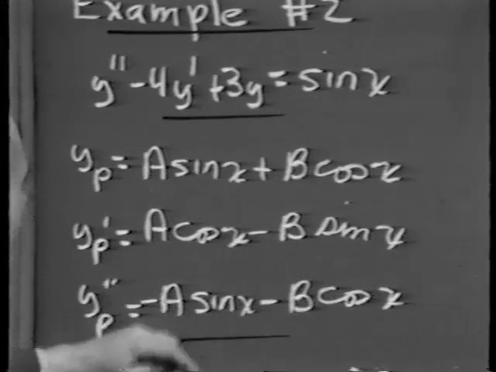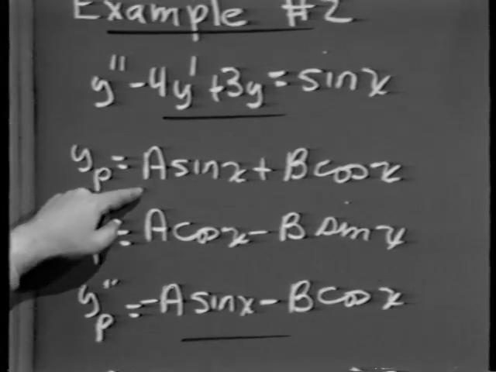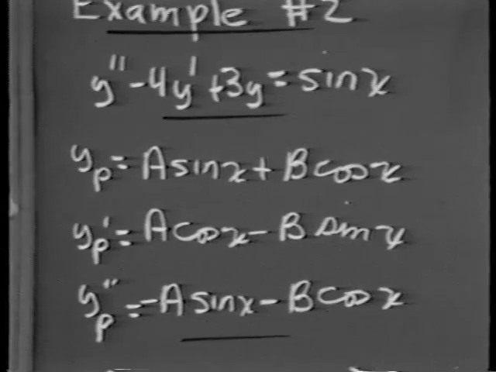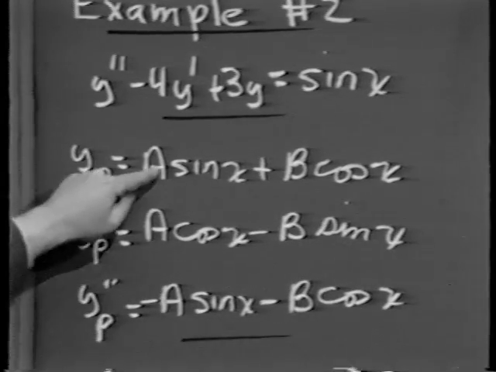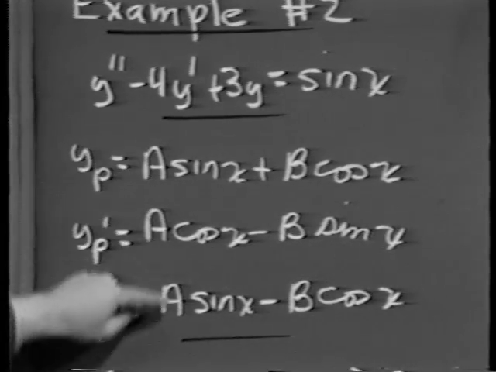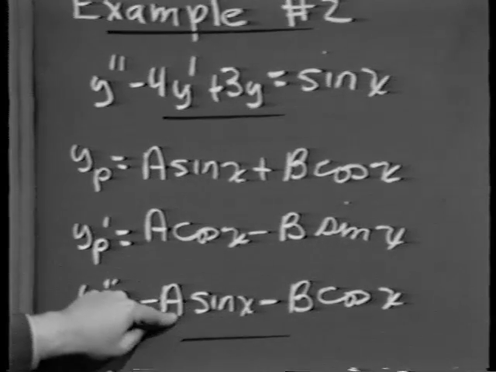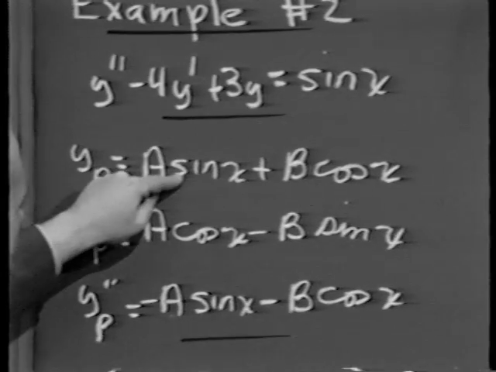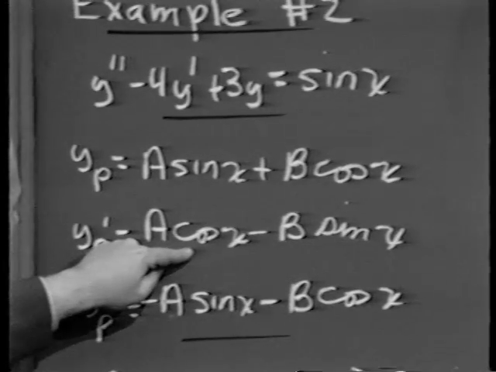By the way, just pausing here for a moment, notice that if I had tried for a trial solution either in the form a sine x alone or b cosine x alone, I would have gotten sine x and cosine x terms on both sides. A would have been a coefficient of a sine x term and a cosine x term.